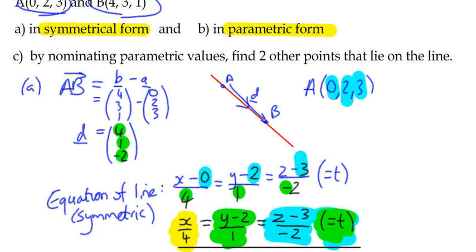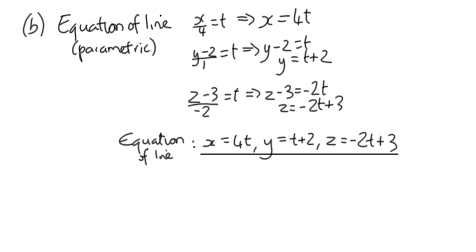The third part in C, nominating parametric values, find two other points that lie on the line. Effectively what that means is, the nice thing about parameters is that we can apply t to be anything, and that will generate points on the line.